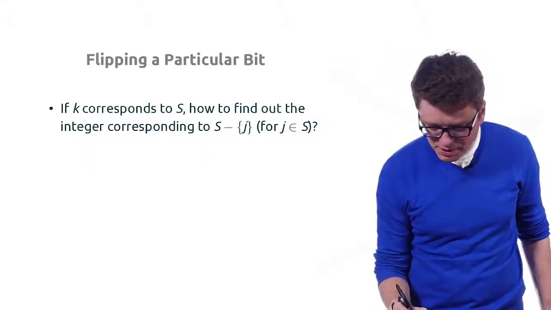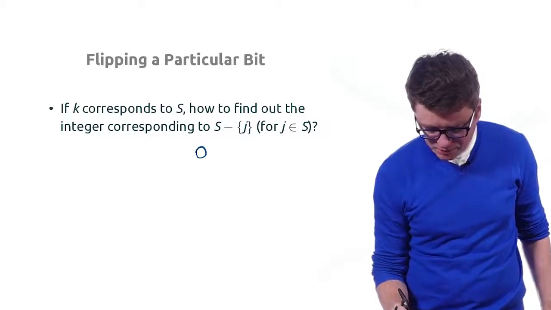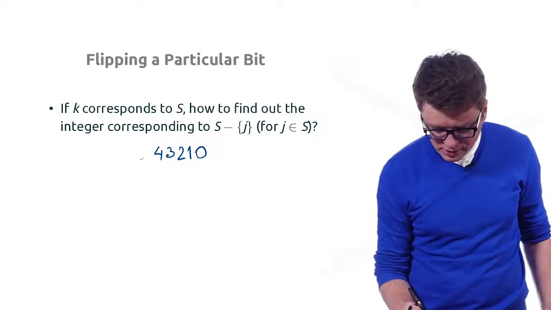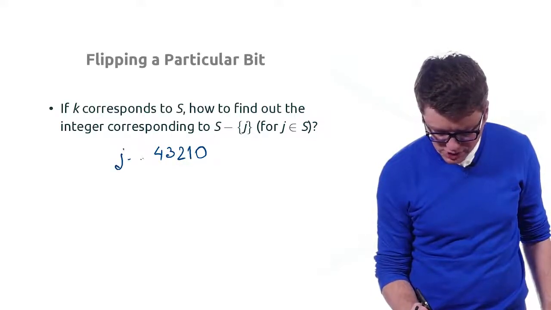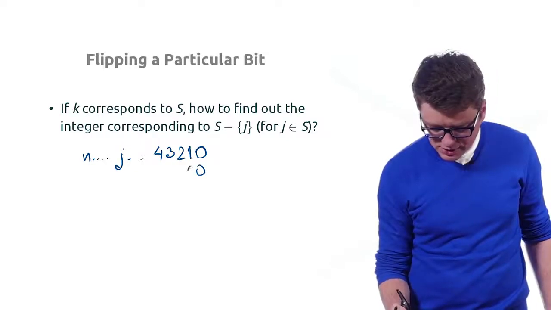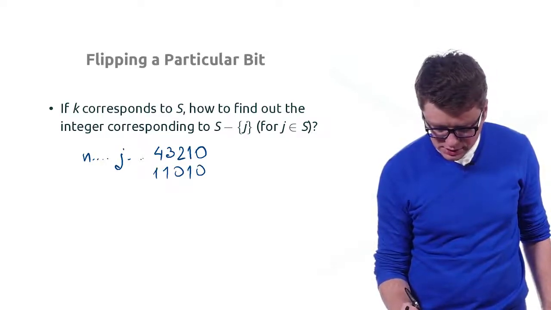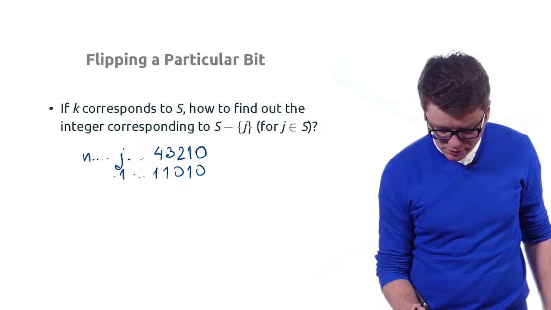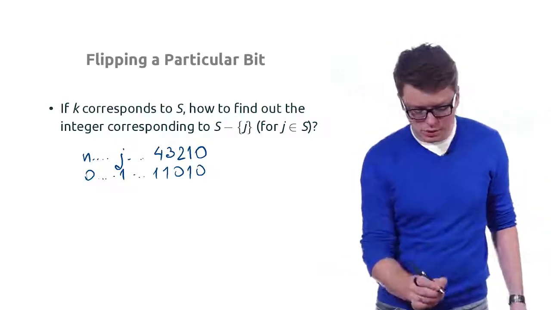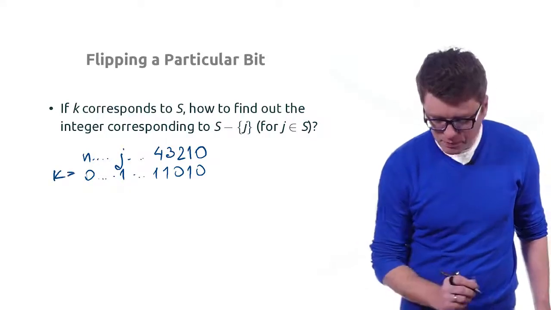So what does it actually mean? It means that if we write our number k in binary, it looks something like this, with position j and so on up to n. Here we have 1 and here we have something else. So this is k in binary.